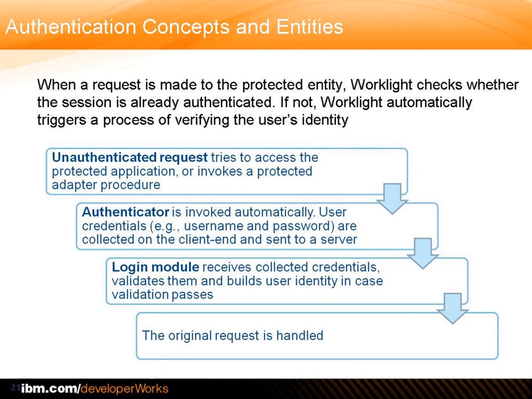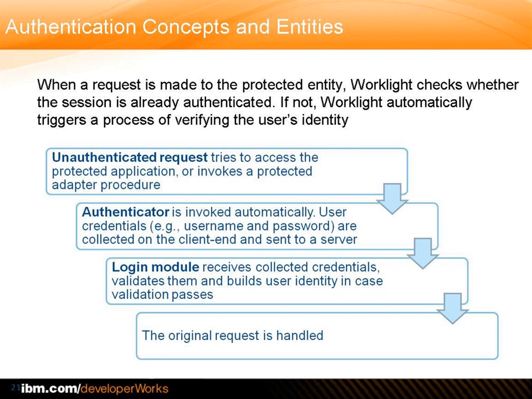The login module sits purely on the server side of Worklight, and the login module will be responsible for reading out information, in whatever form it comes from the authenticator, translating that and matching it with some kind of backend database system or whatever you have in the backend in order to authenticate that person.